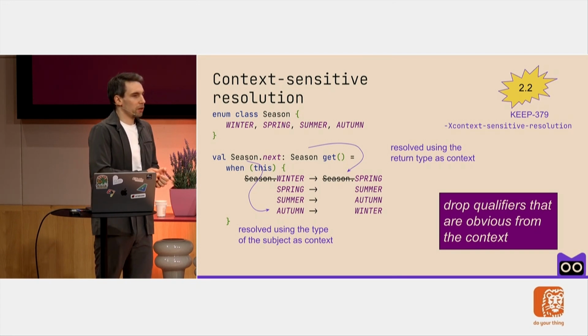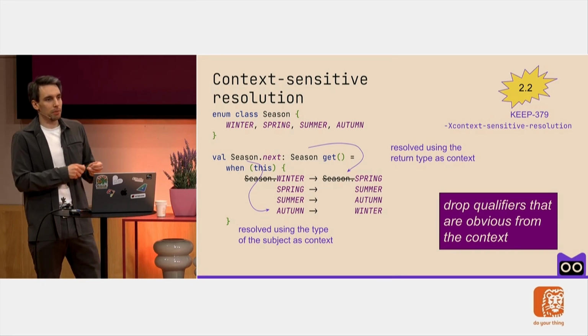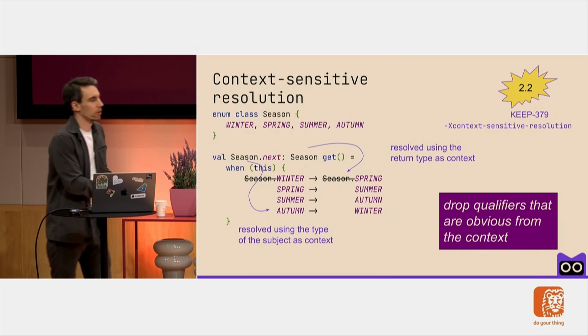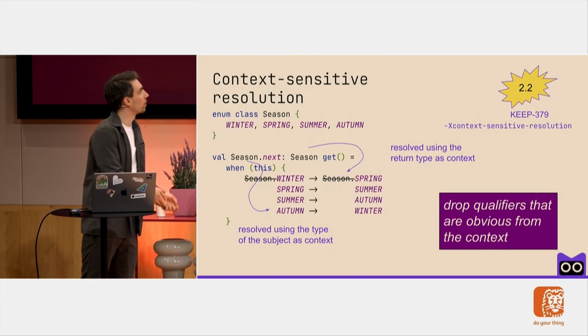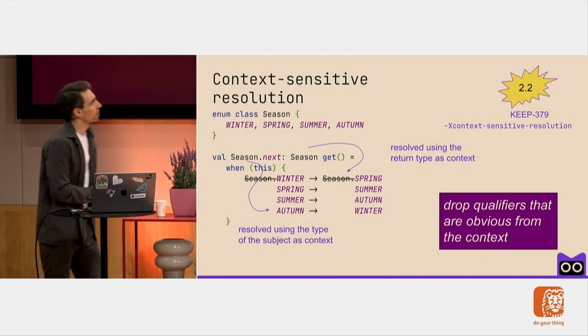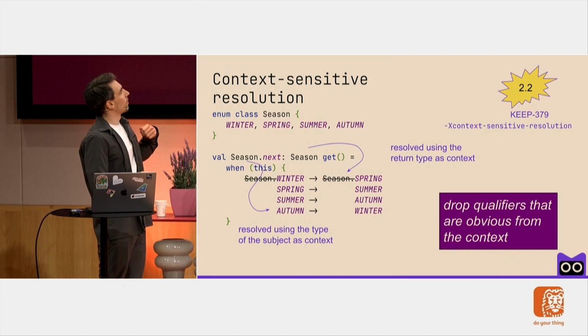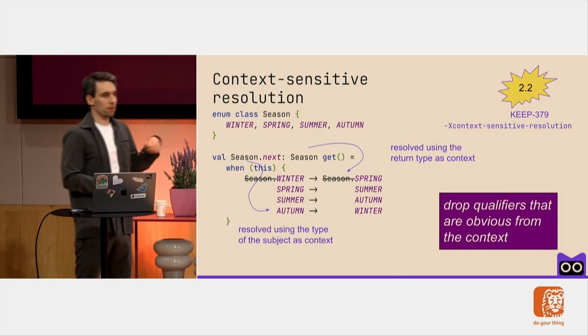But the compiler knows that in these when branches we can use only the entries of this enum, or specific subclasses of the sealed hierarchy and so on, and we do not need to repeat this qualifier all the time.